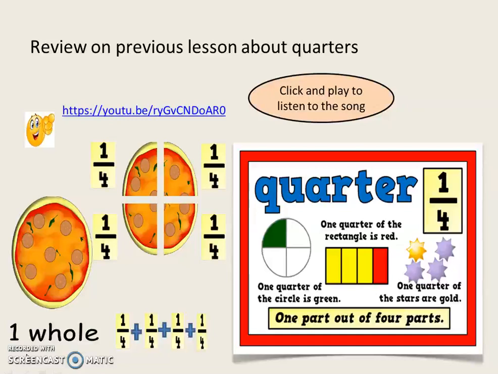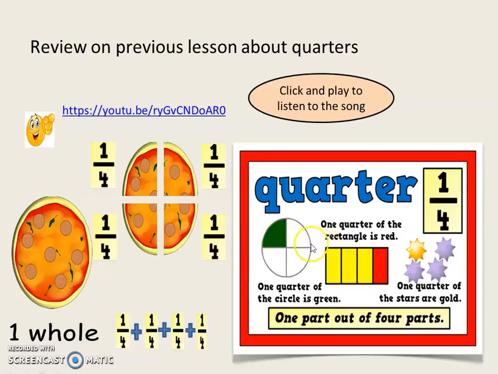So remember that 1 quarter is a part of 4 parts. So we have here an example. A circle is divided into 4, and 1 quarter of the circle is shaded with green. So that is what we call a quarter.